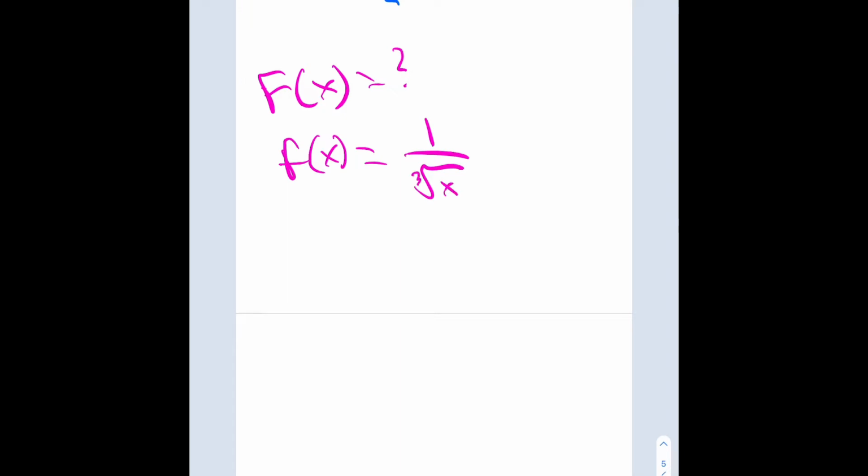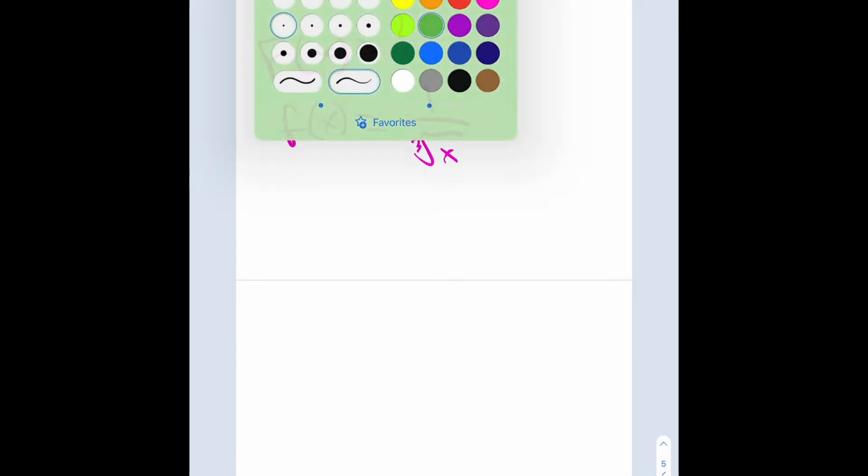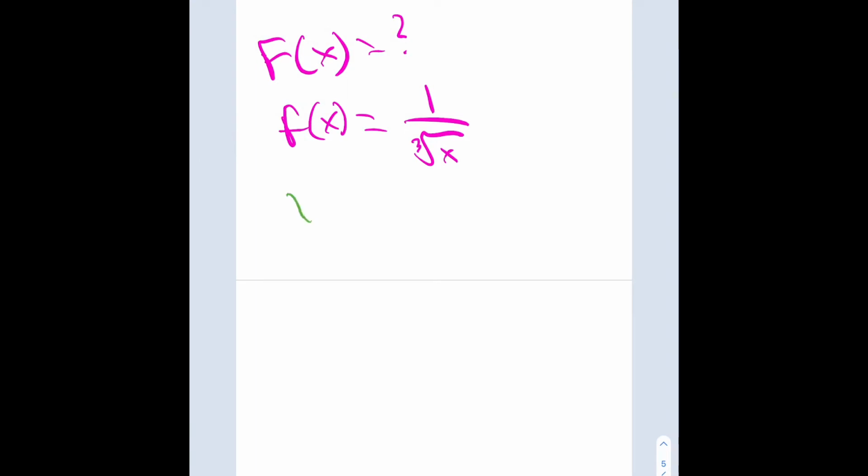Continuing with antiderivatives, let's say that we want to find the antiderivative of the function 1 over the cubed root of x. So if we think about a very, very similar function, I'm going to think about the function x to the 2/3 power.